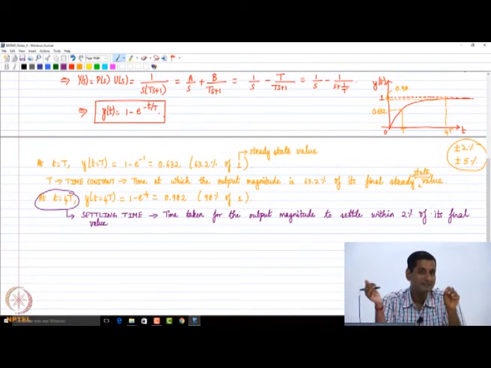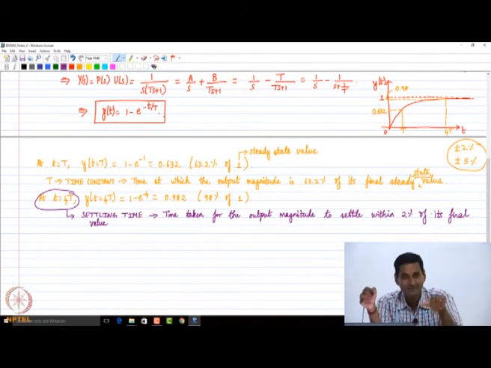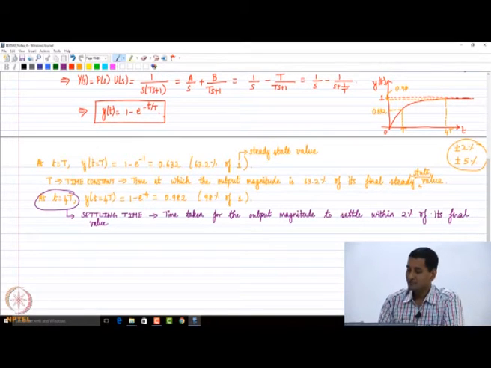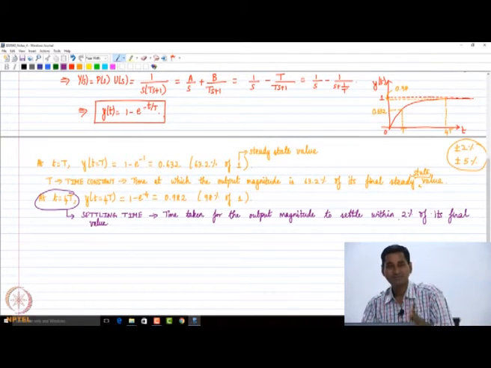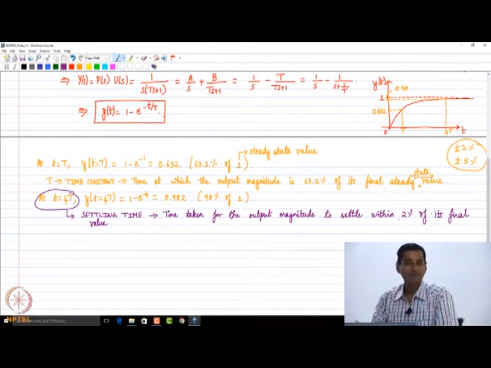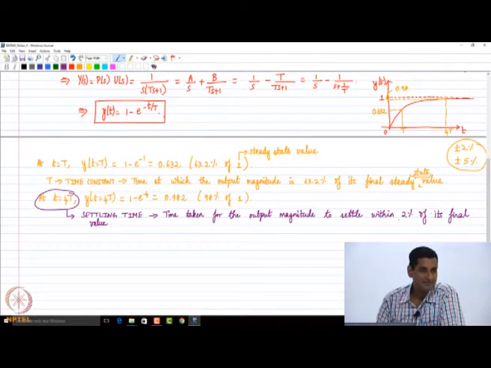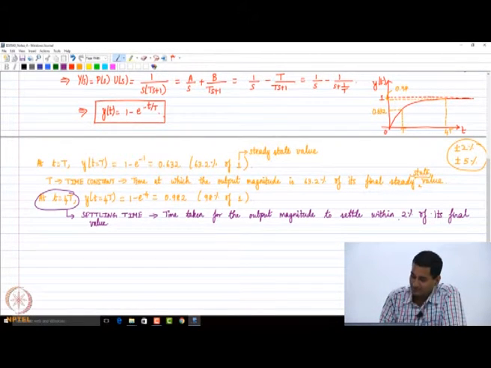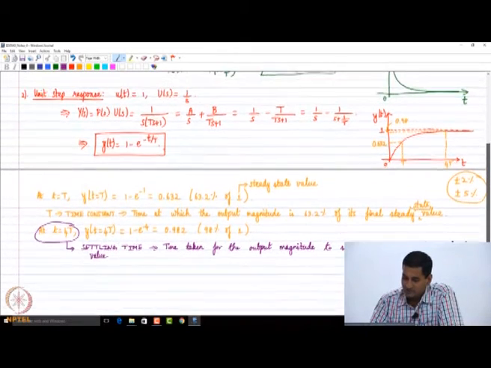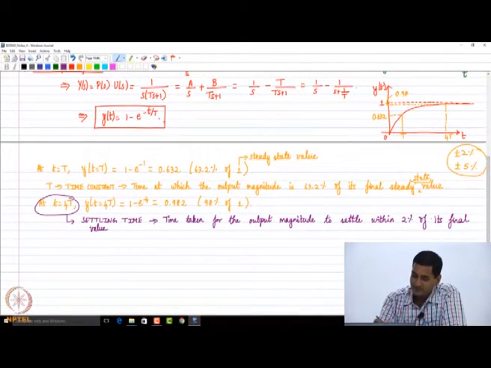If you give me an equality constraint, mathematically it's nice to write an equation, but practically you will be constrained a lot. We'll discuss this point later. So that's why we are saying within 2%, and we are happy that 4 times capital T is a good measure of settling time. Now let's go and look at the unit ramp response.